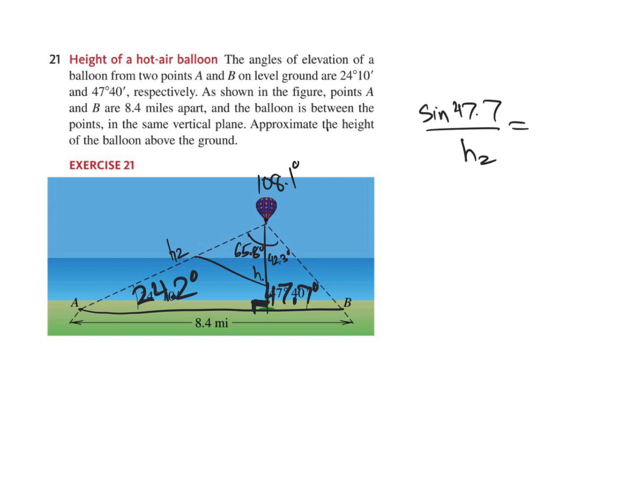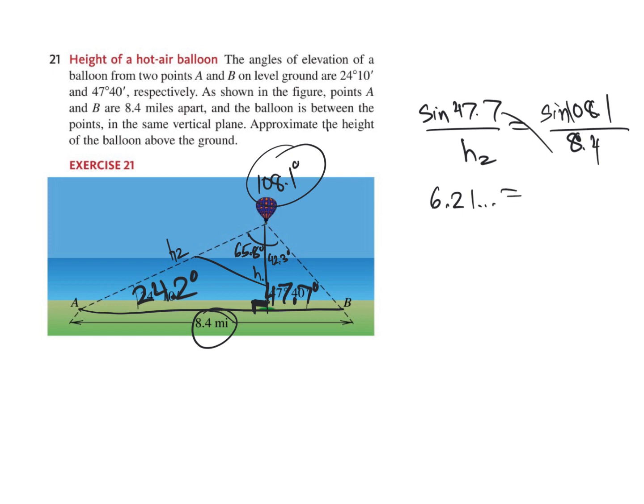And then we have the whole angle is to the whole side there. It's the sine of 108.1 over 8.4. So 8.4 times the sine of 47.7 is 6.21 equal to h sub 2 times the sine of 108.1. So divide that by the sine of 108.1. And we get h sub 2 to be 6.5.